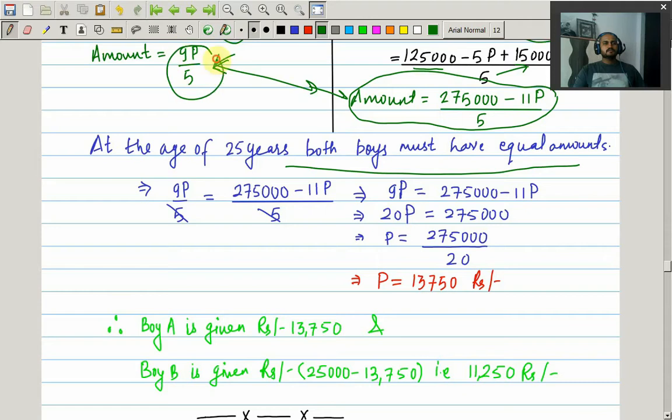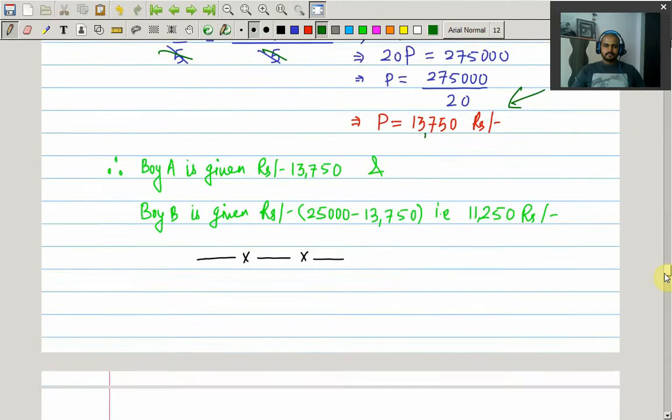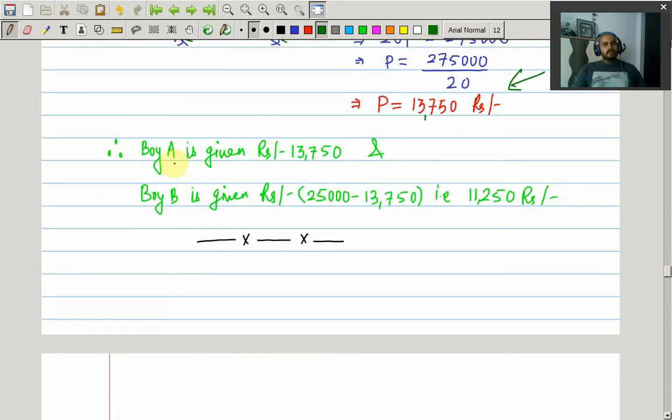I have written 9p upon 5 is equal to this. 5 and 5 cancelled, I am left with only numerators. Simplify this to get the principal amount 13,750 rupees. Do the calculations. Boy A is given this much amount, and boy B is given the remaining amount from 25,000. So 25,000 minus 13,750 is 11,250.